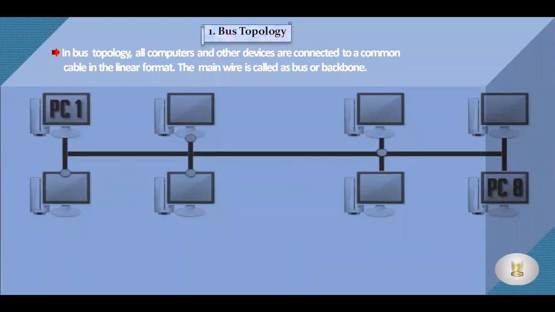In the middle, there is a long single wire, which is called a bus, and all the devices are directly connected to the main wire. And also you can see PC1 is sending a signal to PC8 and the signal travels through the main wire called the bus.